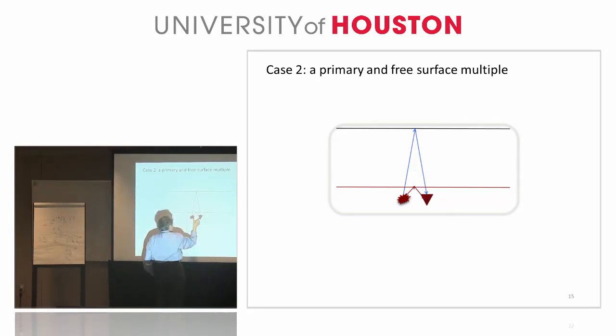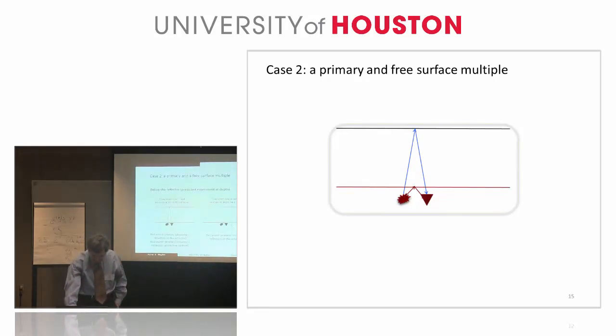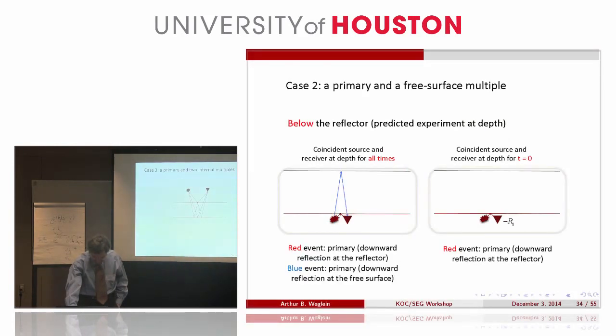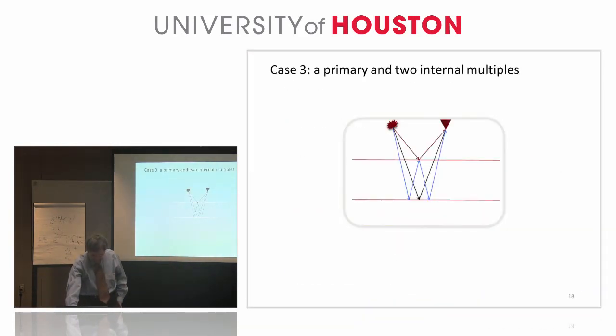Yes. When you say t equals 0, only this primary counts. So this goes on and on, okay, with internal multiples, you understand? That's what is going on here. This is an example with two primaries and an internal multiple. I misspoke earlier.